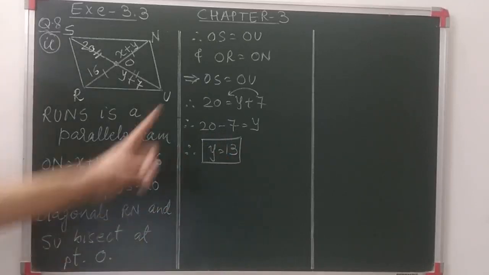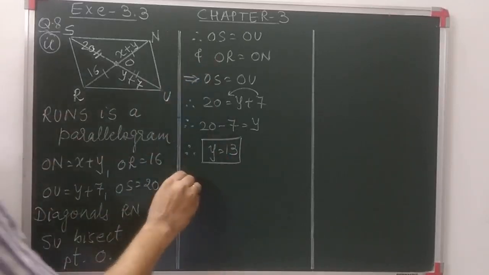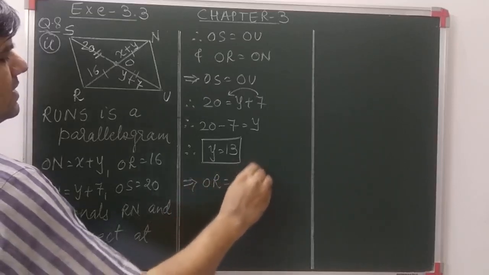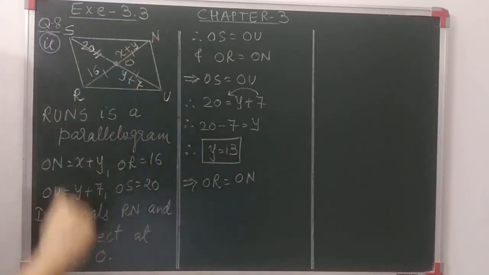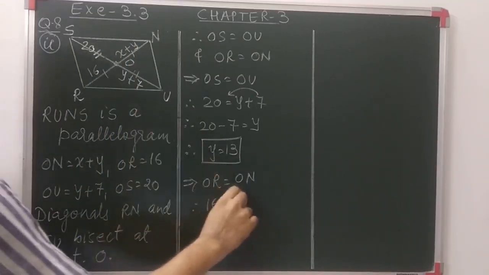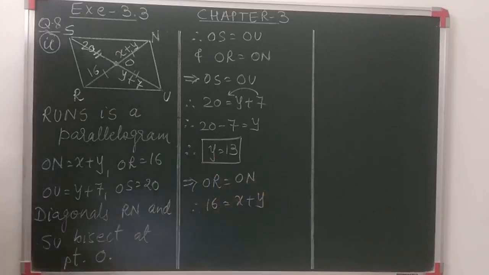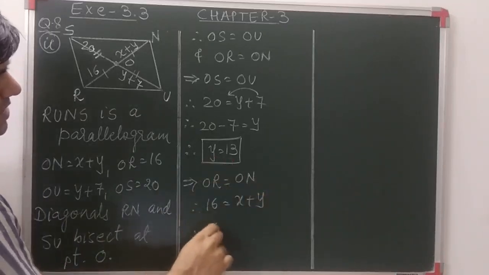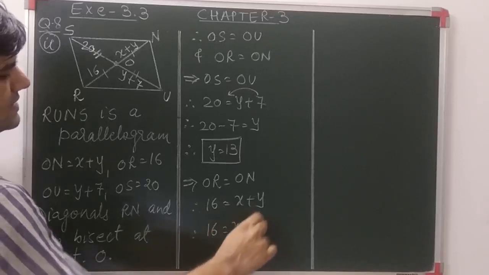Now the second one, that is the other diagonal bisect each other, that is OR is equal to ON. OR is given 16 and ON is x plus y. Now look here, the value of y which we have already obtained, so let us substitute that value. Y is 13.